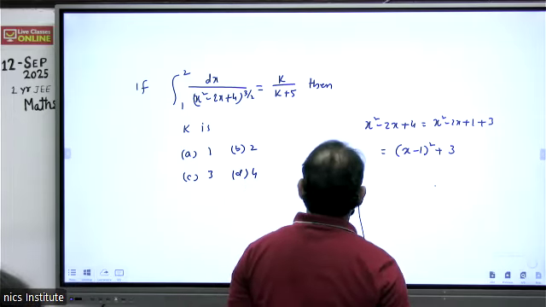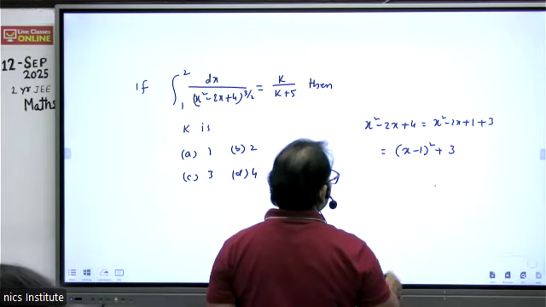And then you can make some substitution so that the under root goes away.